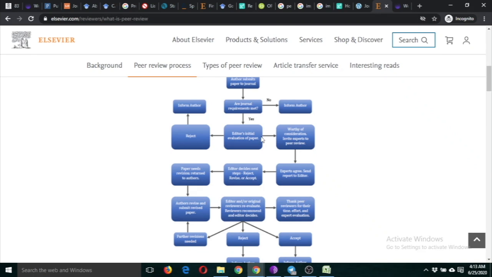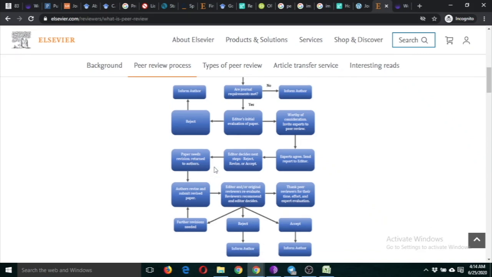He or she sends the paper to experts, and if they agree, they review the paper and send the reports to the editor, and the editor can ask the authors to revise it, or reject it, or directly accept it.